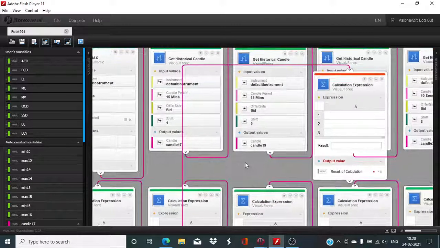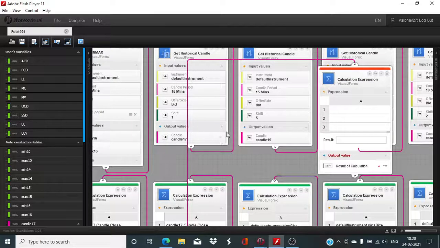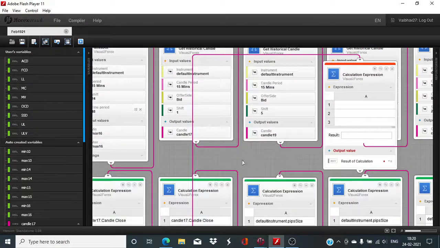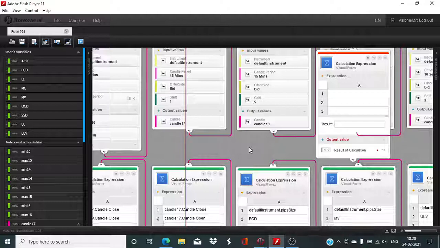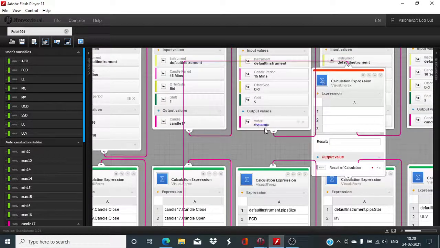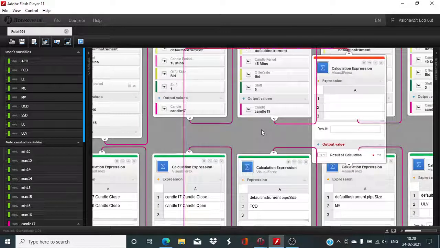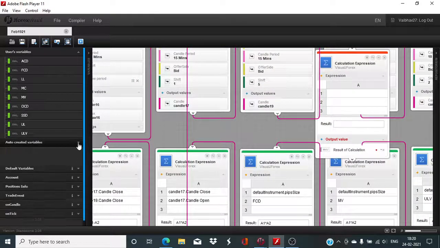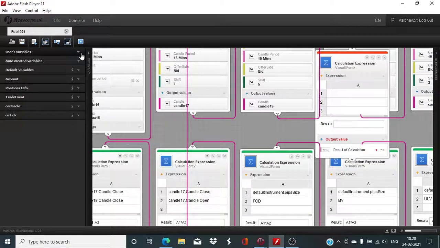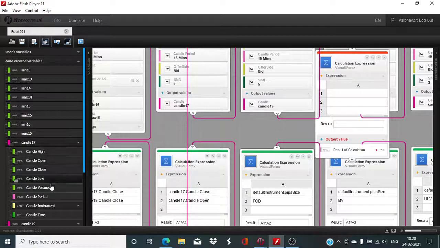And now we will also need to look at the price difference between the closing values of candle 17 and candle 19. In this case we need candle 17 to have closed lower compared to candle 19, and so we will take candle 19's closing value.